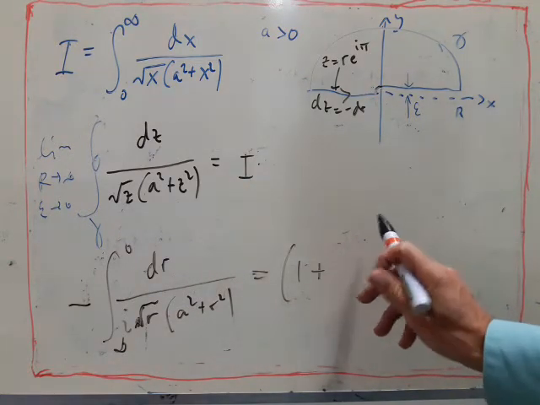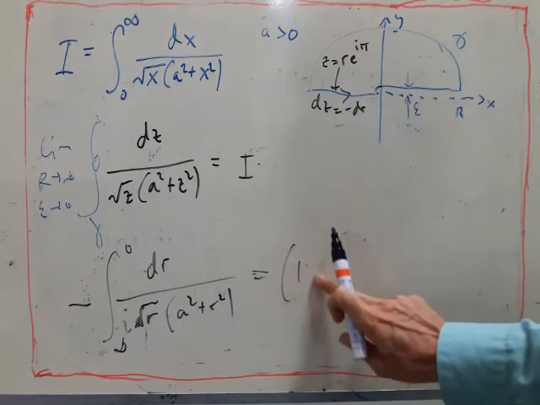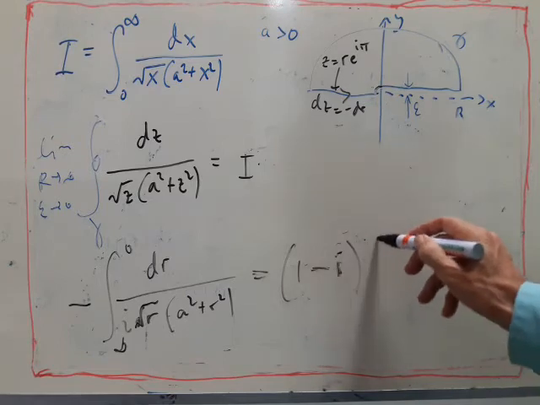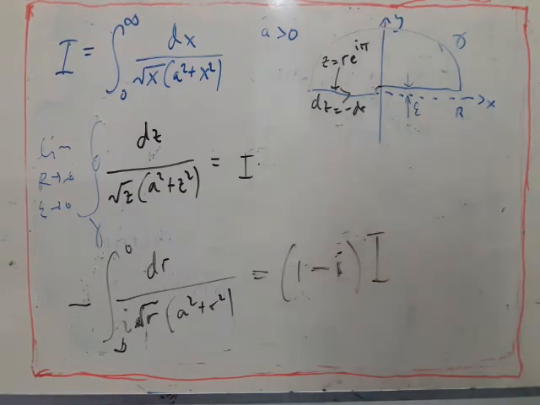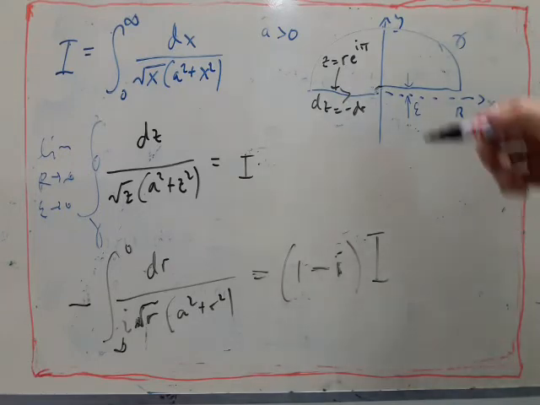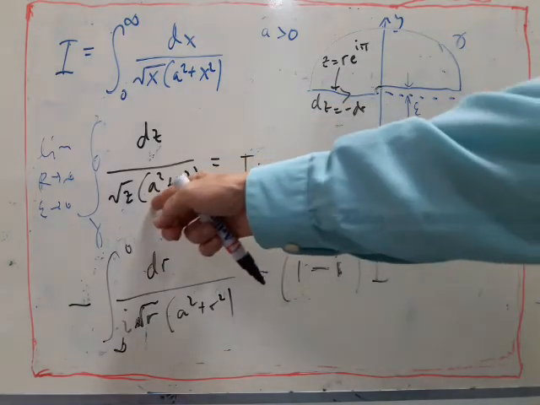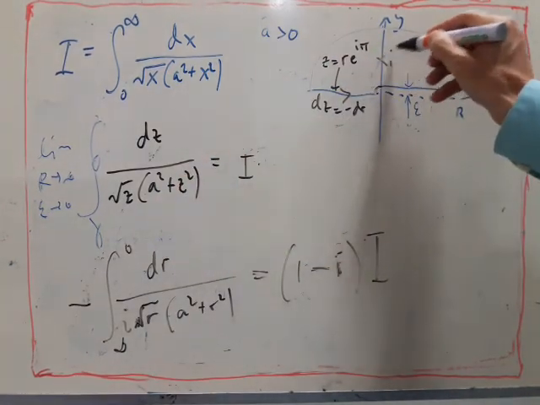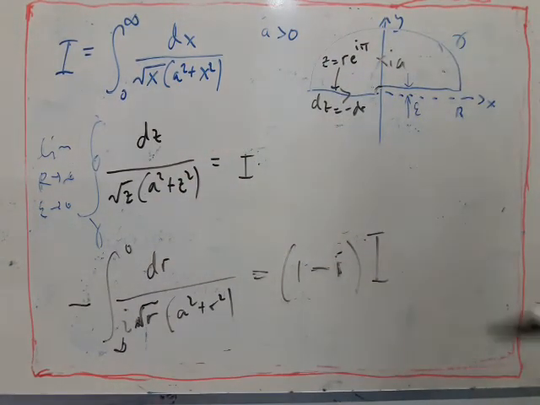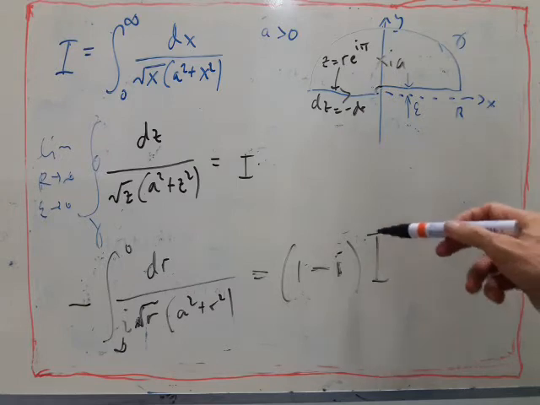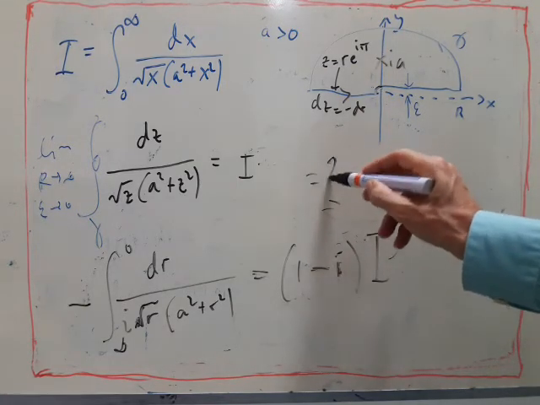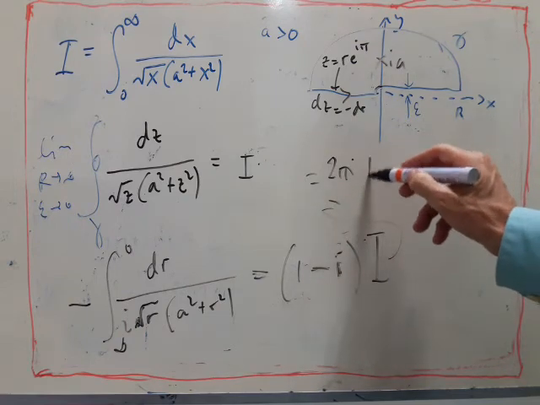So 1 over I is the same as minus I. So this is going to be equal to, okay, we need the residue, the pole. So there's a pole at z equals Ia. So this thing here is then equal to 2 pi I times the residue.